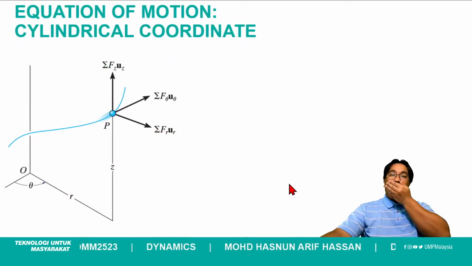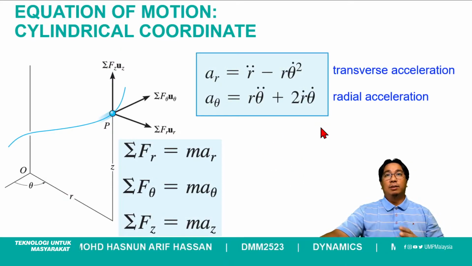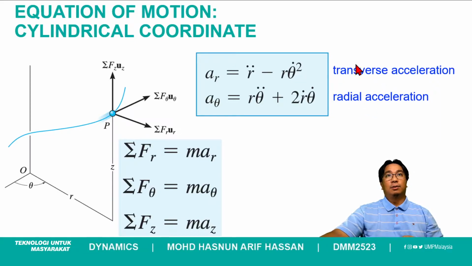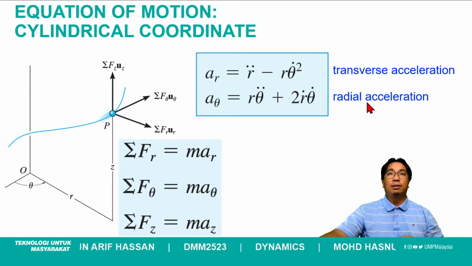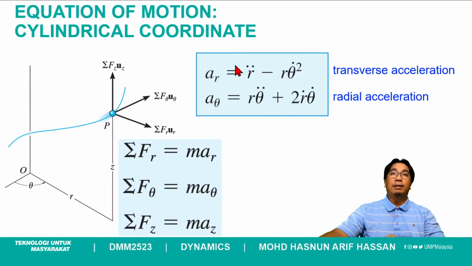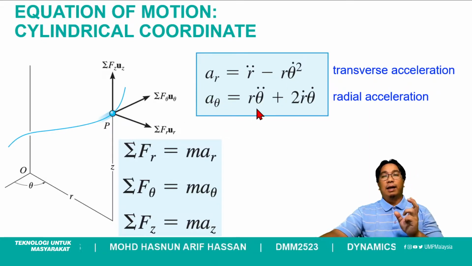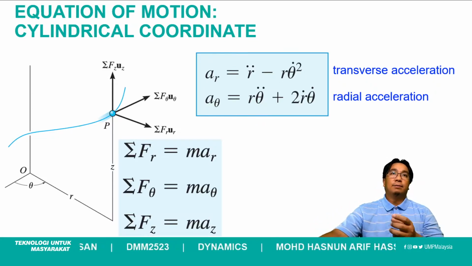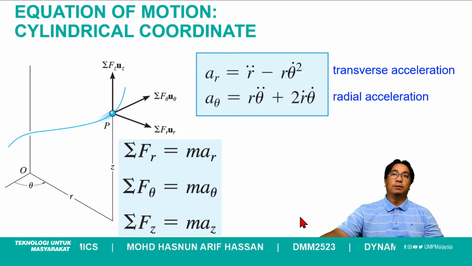Okay. So that is all about the theory of this. So basically ar is called the, sorry, ini ada salah sikit. ar is the radial acceleration. Later I will correct this. ar is the radial acceleration. a theta is the transverse acceleration. So basically the acceleration has two components. When it comes to cylindrical coordinate, acceleration ada two components.